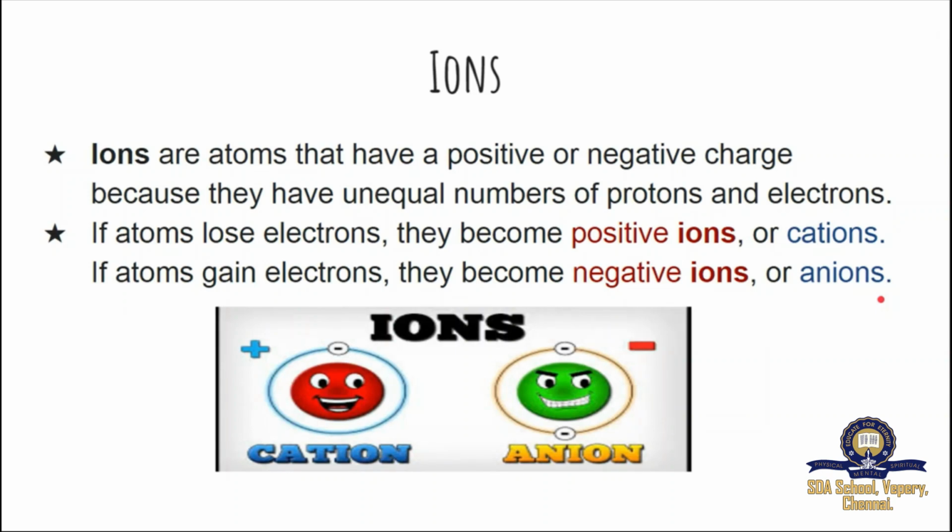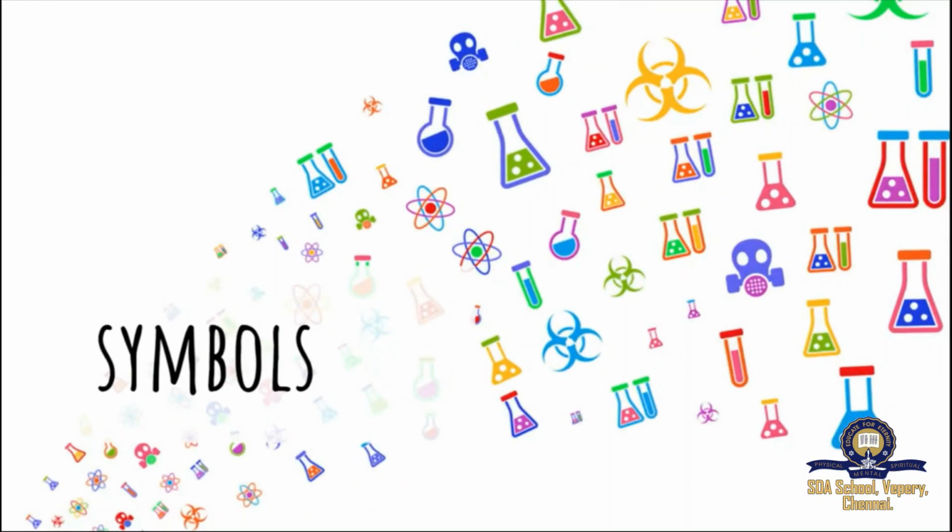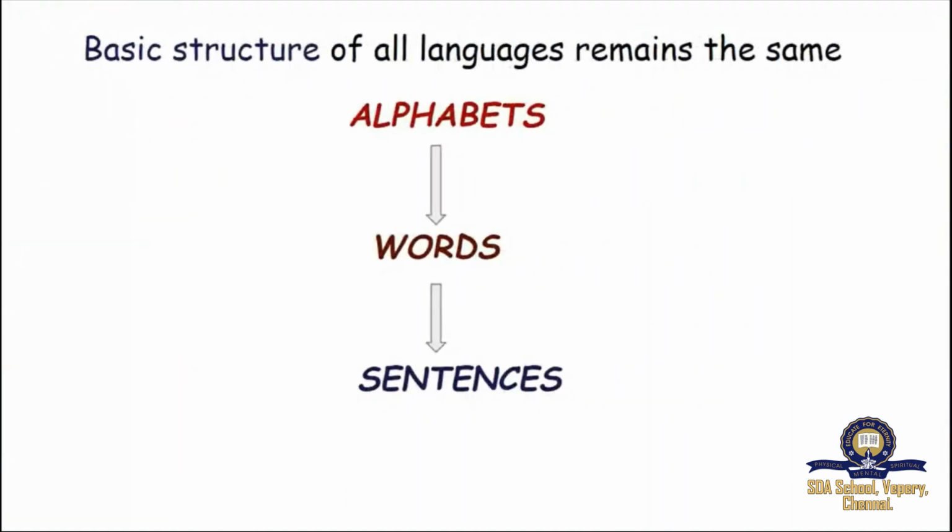Next we will see about symbols. The basic structure of all languages remains the same. Alphabets combine to give words, and words together form sentences. Likewise, chemistry, a separate branch of science, has its own language.